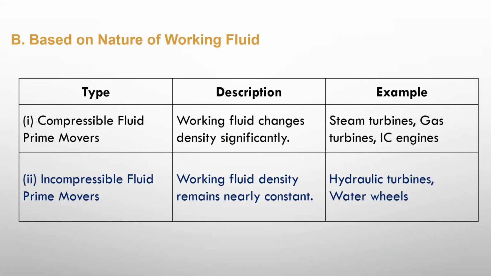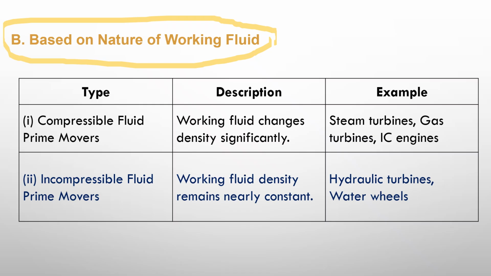The second way to classify the prime mover is based on the nature of the working fluid. The fluid means the substance which can flow is known as the fluid. So all the liquids and all the gases are examples of the fluid.